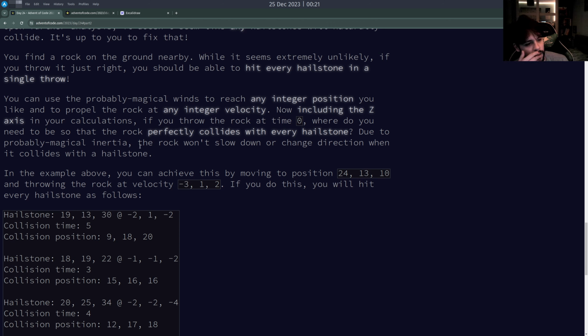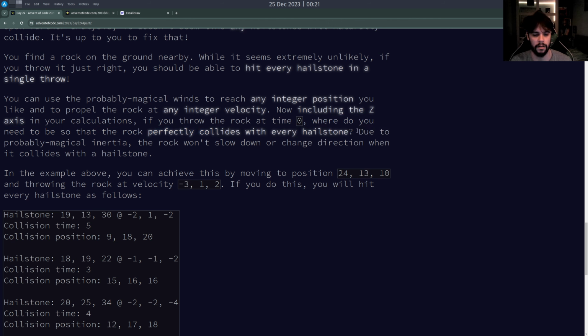Whoa, okay. You can use the winds to reach any integer position you like and to propel the rock at any integer velocity. So I can do anything basically, including the z-axis in your calculations. If you throw the rock at time 0, where do you need to be so that the rock perfectly collides with every hailstone?